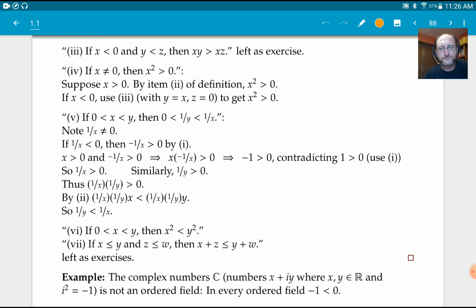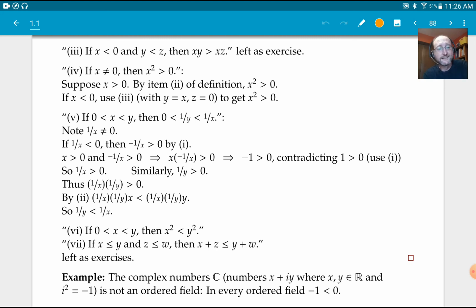Now, complex numbers are not an ordered field, and you can see it by this proposition. This proposition shows that complex numbers cannot be an ordered field, no matter what sort of ordering you try to put on it.